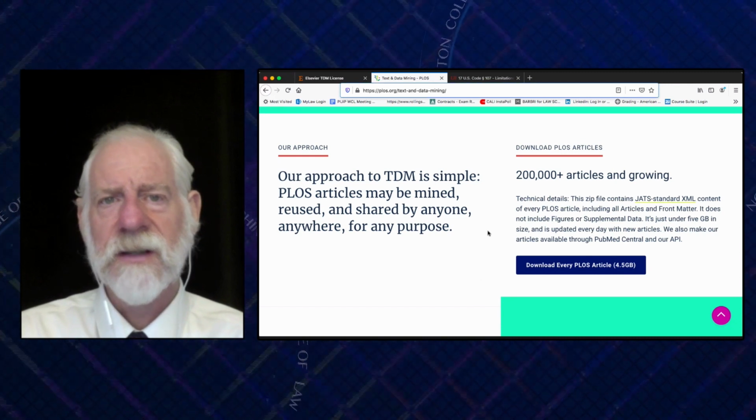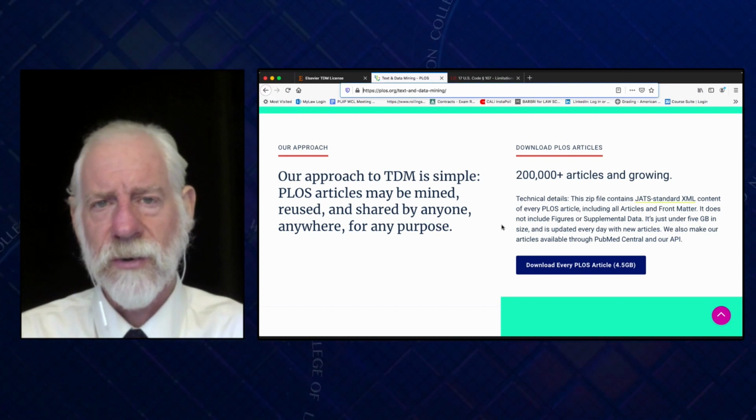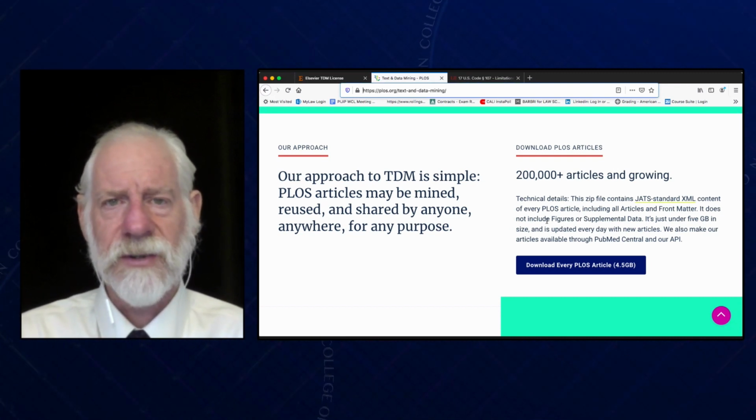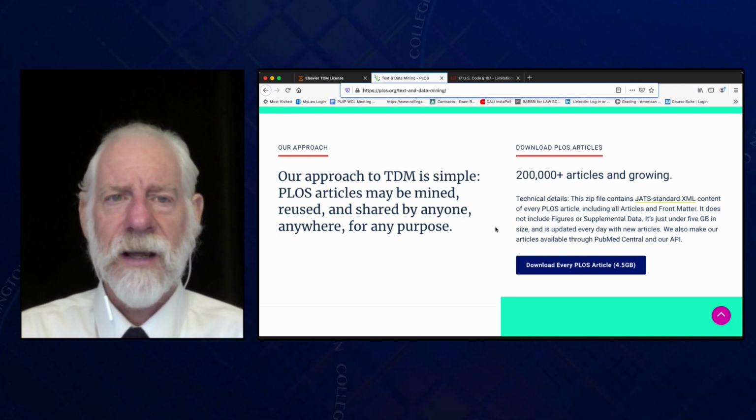And even when Elsevier gives you access that they're not making you specifically pay for, they still want to have legal control over what the researcher can and can't do, which is a very different vision of how the internet can be used for research.